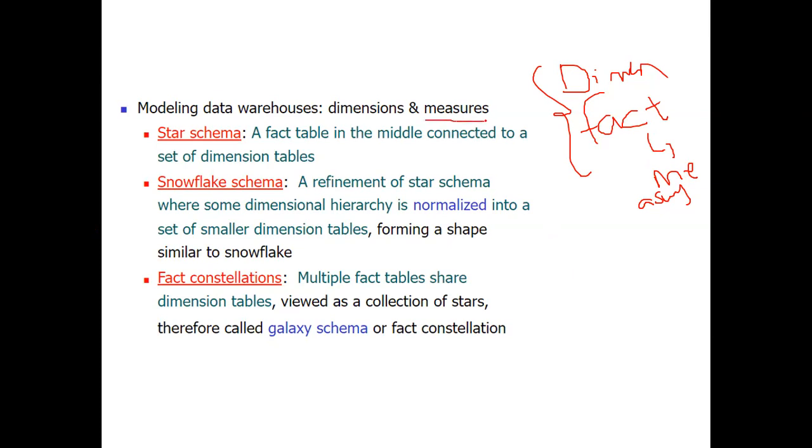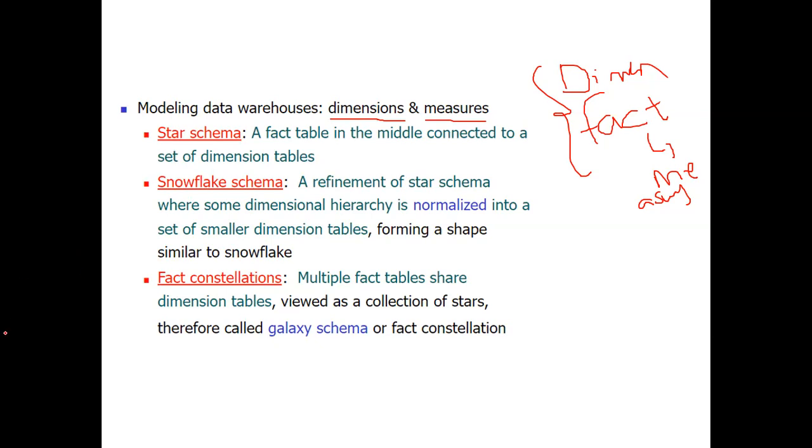Measures are nothing but the properties which you are going to analyze in the fact table. Dimensions are nothing but the properties with respect to which you are going to analyze the data, right? So that is the difference between dimension table and fact table. The fact table will have measures, the dimension table will have the properties associated with the measures.